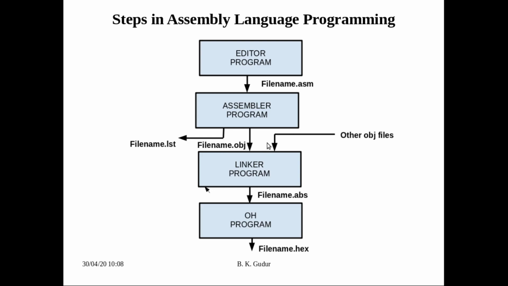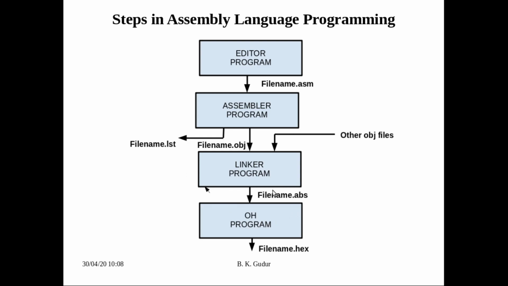Such .obj files will be given as input to a linker program, which is going to produce a file with the extension .abs, which we call an absolute file. The file with the .obj extension is called an object file. The file with the .lst extension is called a list file.